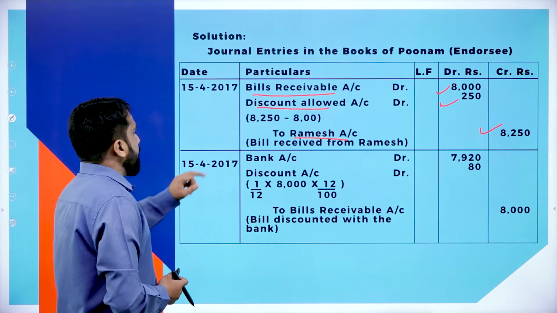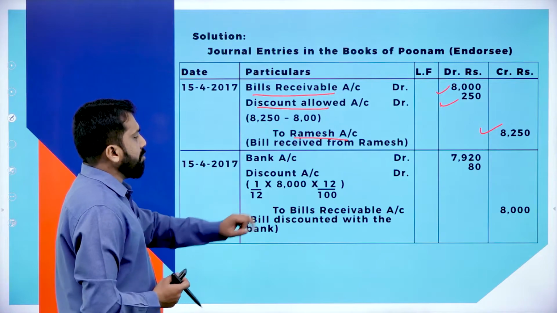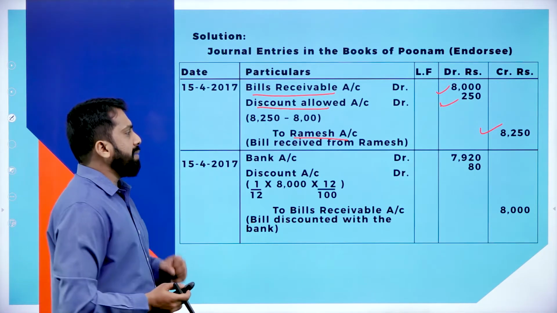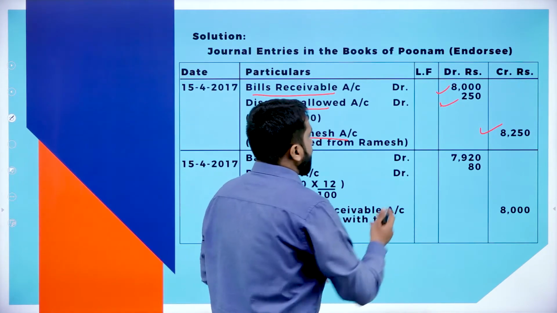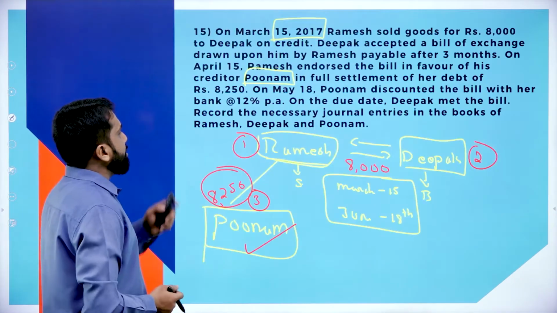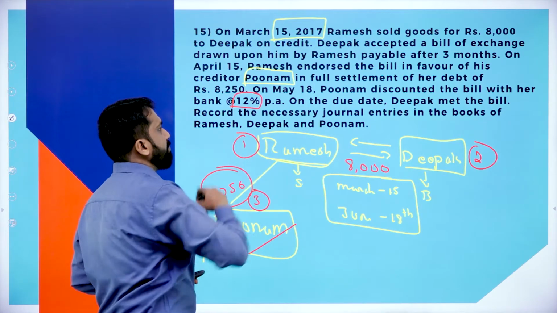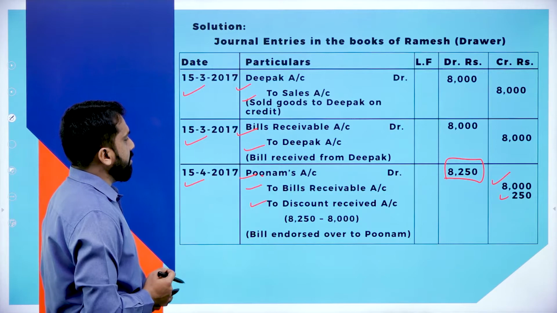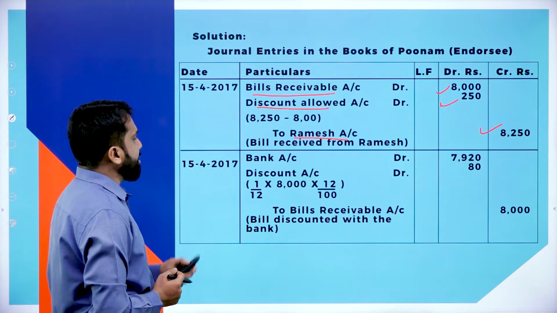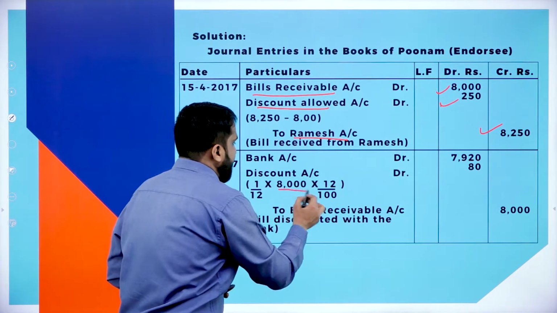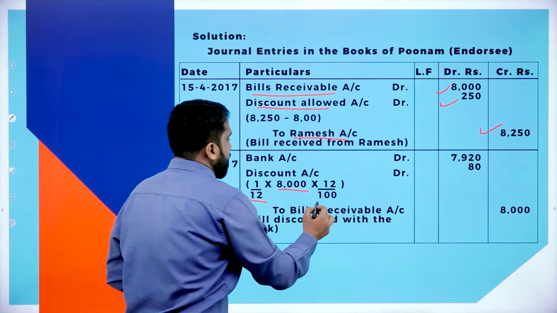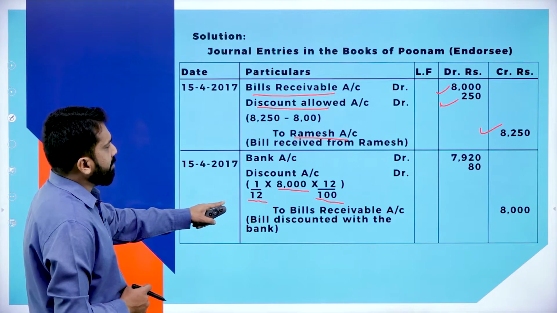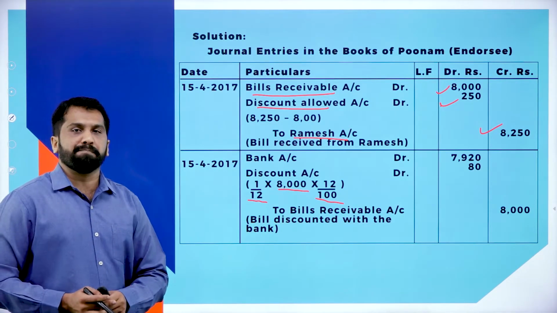Then bank discount to bills receivable. Poonam went to where? Bank. In the bank, what happened? Discount. I'll go back to your question. Discount how much? It is 12%. So your discount is on 8,000 for 1 month at 12%.